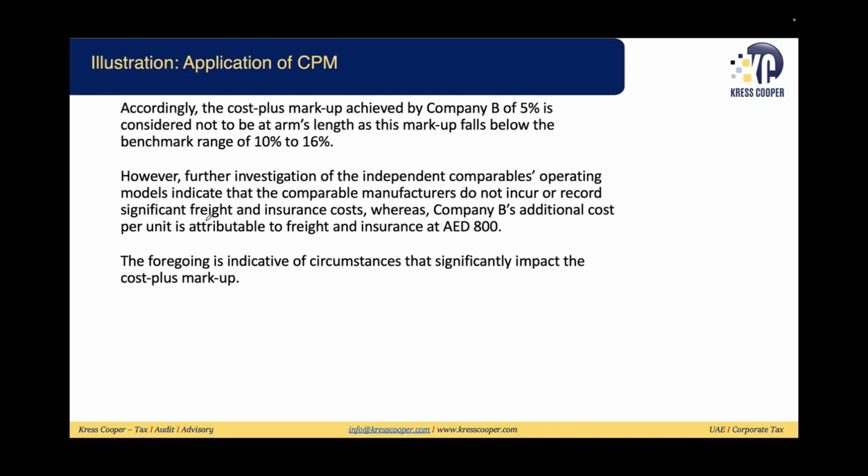So per product, company B is paying an extra 800 for freight and insurance. Other manufacturers are not charging this. It reflects that B is performing more functions, not similar to what other manufacturers perform in the market. If B is performing different functions, B has a right to charge for this.